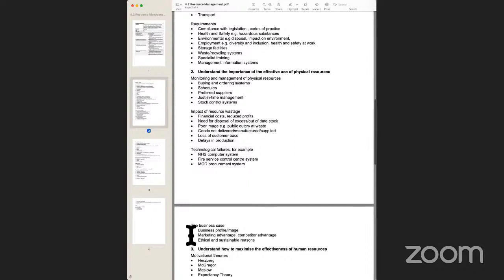And last but not the least, we'll be looking at creating a business case in terms of why sustainability is becoming important, why, when we talk about corporate social responsibility, just very briefly in this learning outcome, it is becoming important.